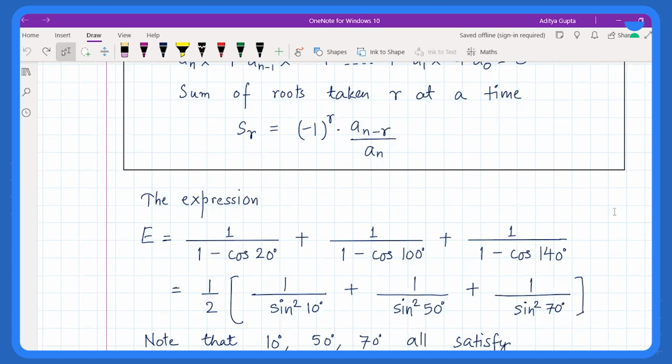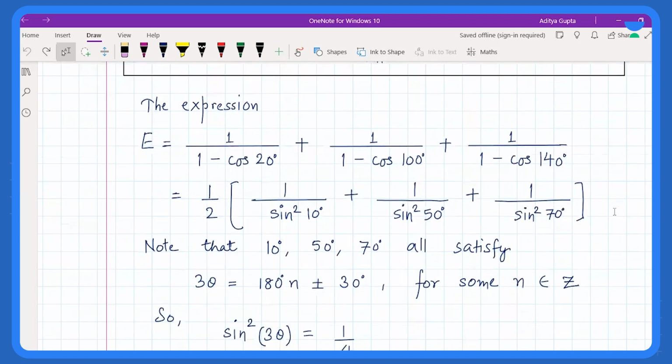Now comes the most important and probably the trickiest part of the entire question, which is to note that 10 degree, 50 degree, and 70 degree all satisfy the equation that 3 times theta is equal to 180 degree into some integer n plus or minus 30 degree. For example, 10 degree multiplied by 3 gives 30, and if I keep n equal to 0 and choose the plus sign, we again get 30.